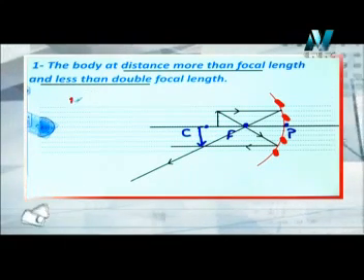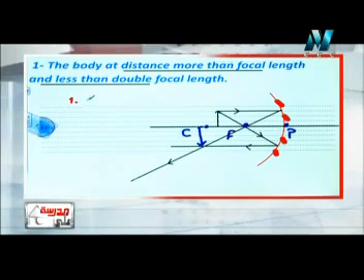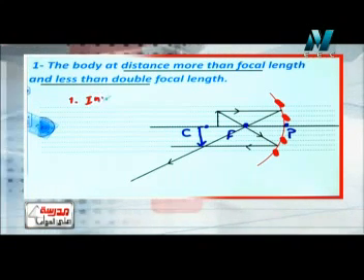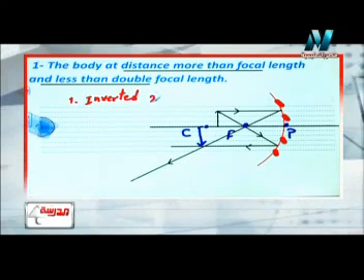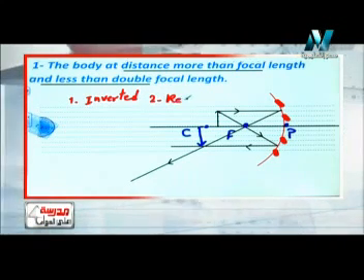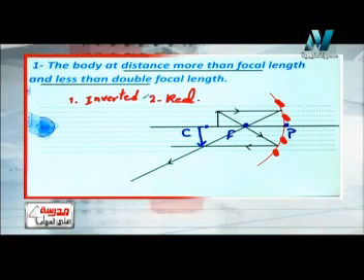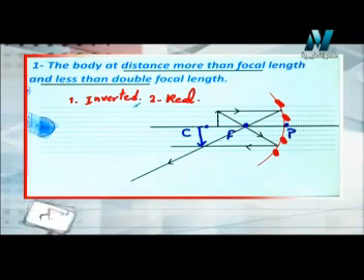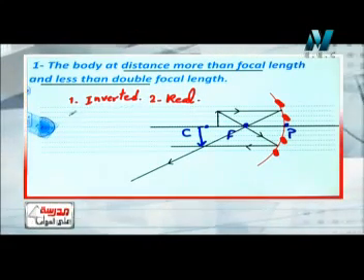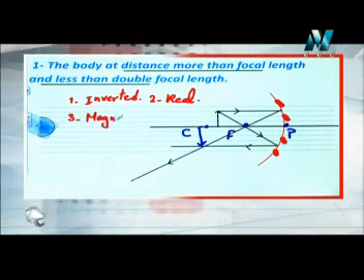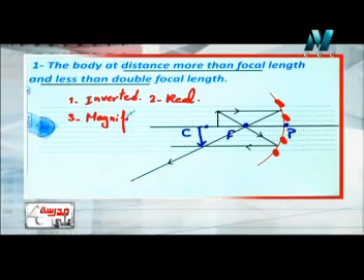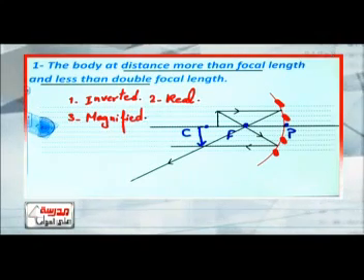So the image, as you see here, has some properties. Number 1, the image is inverted. Number 2, it is real, and we know a real image can be received on a screen. Number 3, magnified, or enlarged compared to the object.